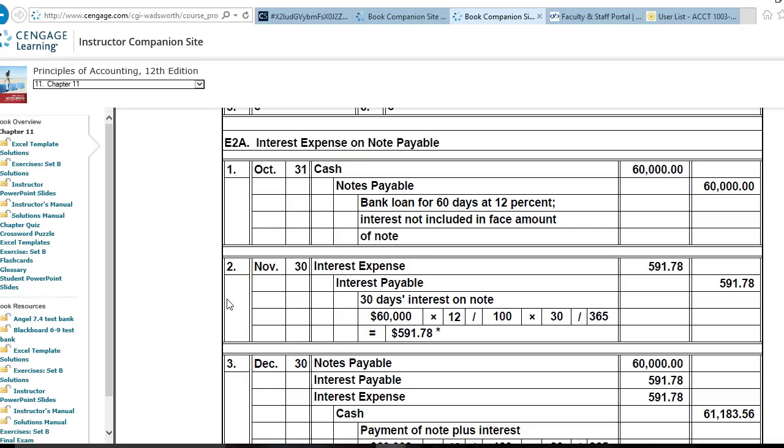So that first journal entry shows October 31st, a debit to cash of $60,000 and a credit to notes payable for $60,000. It says bank loan for 60 days at a 12% interest. That's not included in the face amount of the note.